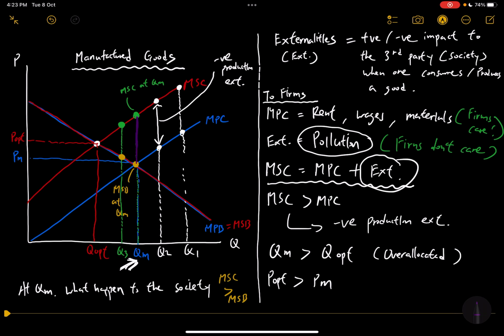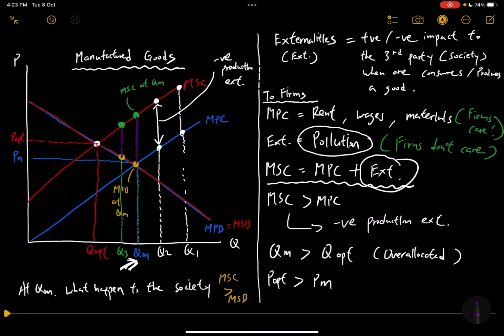Using the same logic, even when we are having a lower quantity like Q3, that additional good is also creating a net loss to the society, like this many. Even though it's not as long as the one at QM, it is still there.